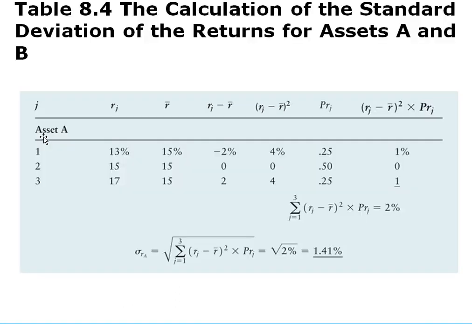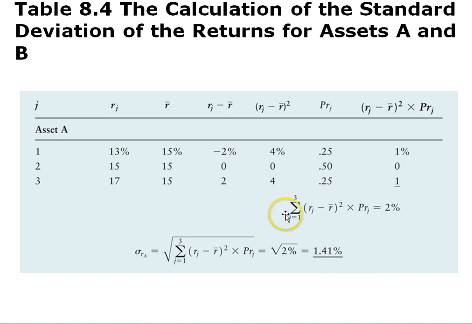So if we look at calculating asset A, we can take the average return, and we can take the actual return minus the average return, square it, list the probability of occurrence, multiply the probability by the squares, and then we get this function here.